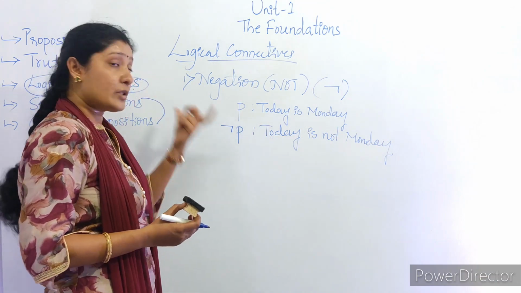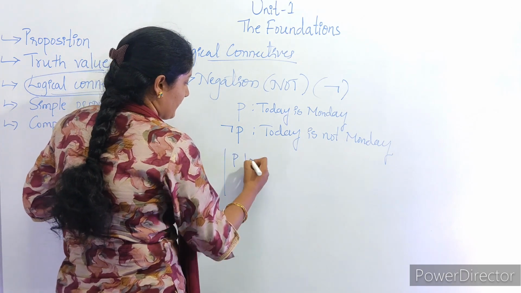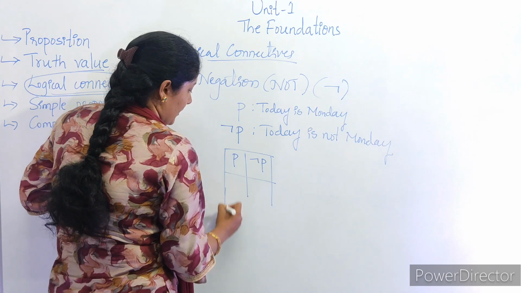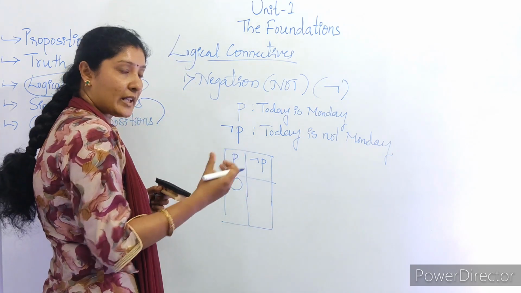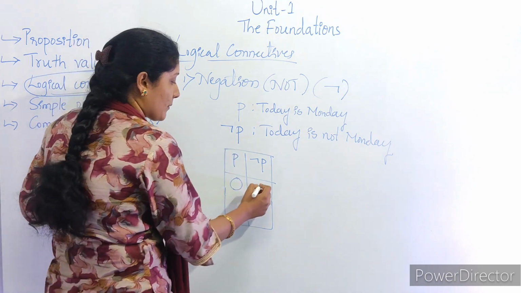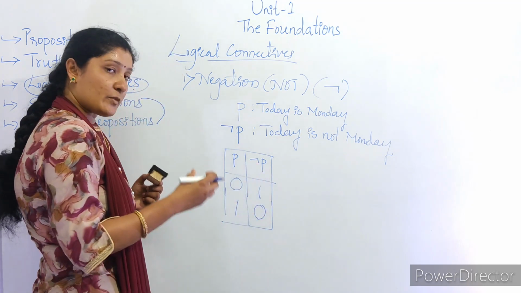Now, we have to write the truth table for this. That will be P first, then its negation. So, if P is 0, automatically its negation, or you can call it complement, becomes 1, and if it is 1, it becomes 0. This is in terms of binary value.